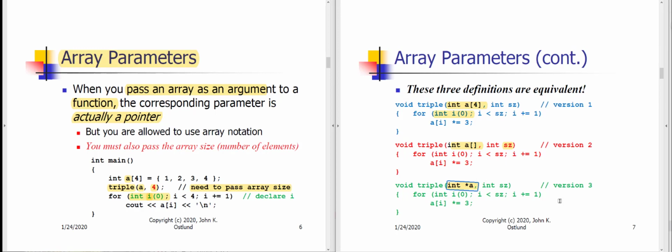That is, a is the address of some int that we assume is in some array somewhere, and we can use our pointer as an array by using the subscript notation rather than saying star of the quantity a plus I. All three of these implementations that I'm showing here on slide 7 are exactly equivalent to each other. There's really no difference between them as far as the compiled code that the compiler produces.